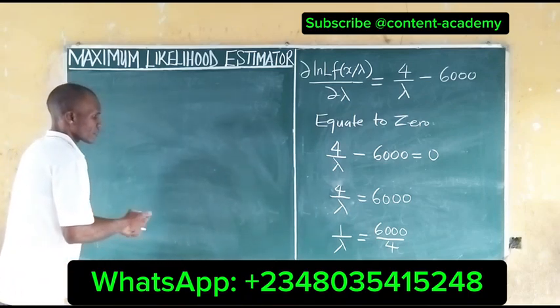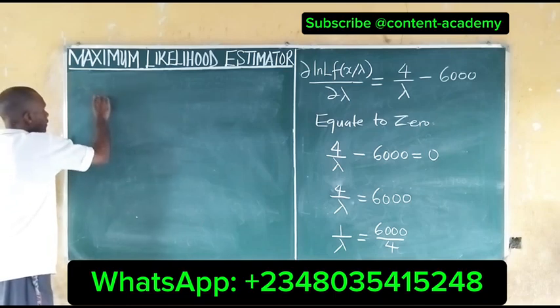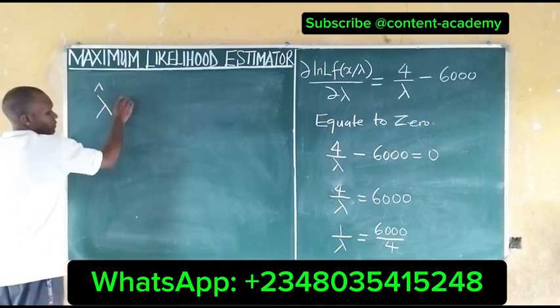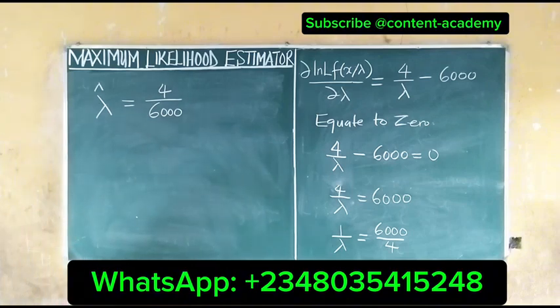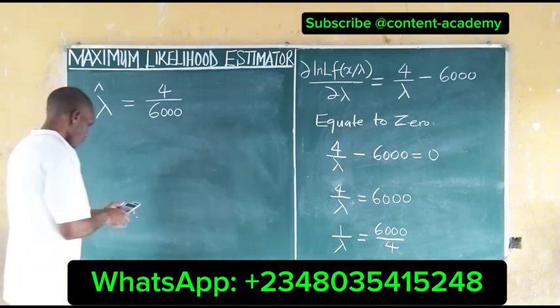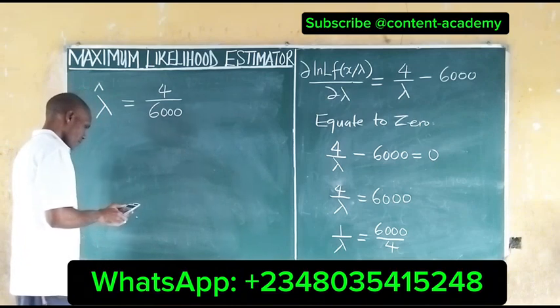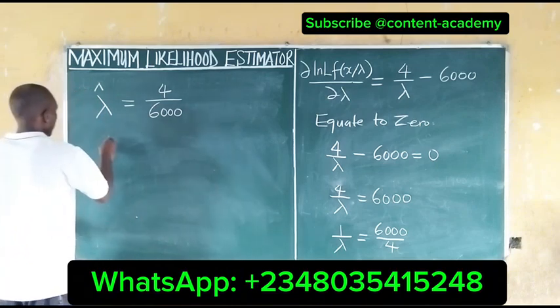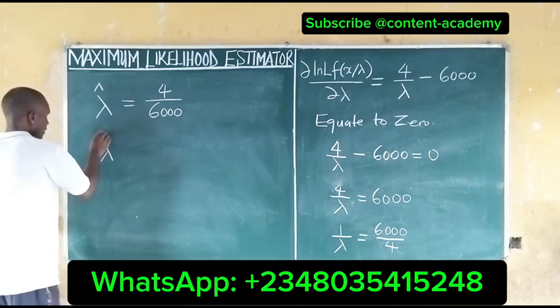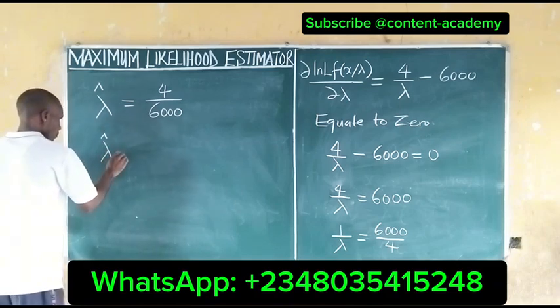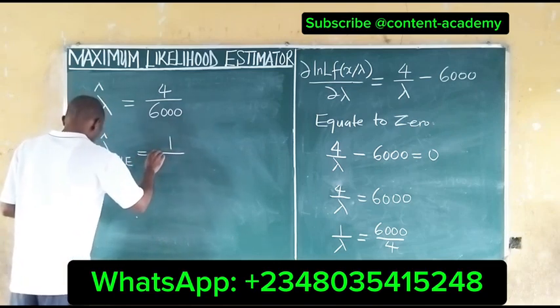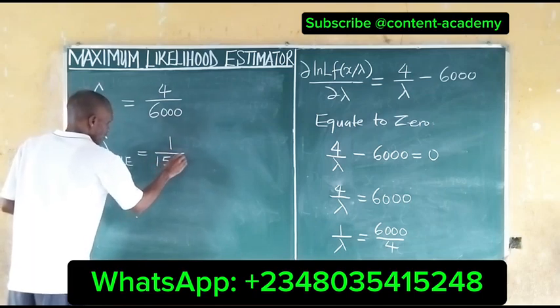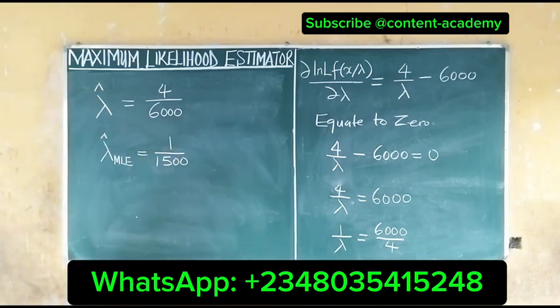Our lambda estimate will now be equal to 4 all over 6,000. And if we use our calculator, 4 divided by 6,000, we get our lambda estimate to be equal to 1 all over 1,500. So that is what we get.